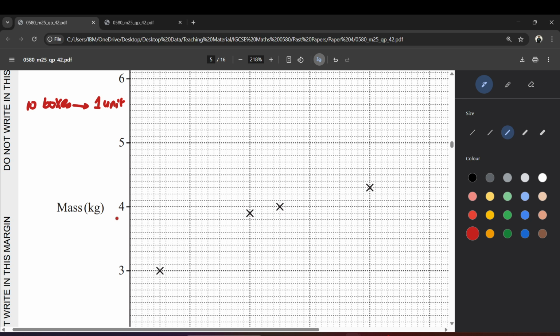Because between 5 and 4, that is one unit. All right. So how much does one box represent? That'll be x. So x should be, you cross multiply them. So that will be 1 upon 10, which is 0.1. So that means every small box represents 0.1 unit.